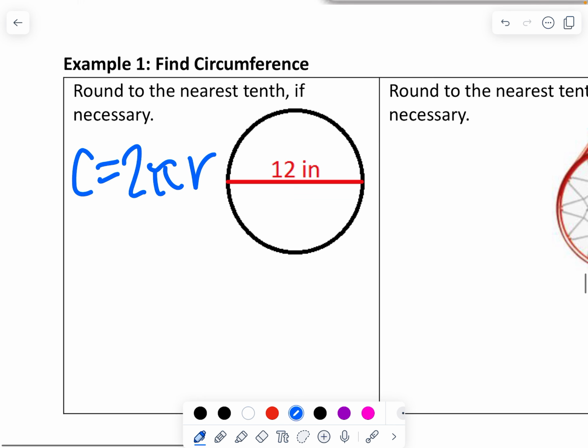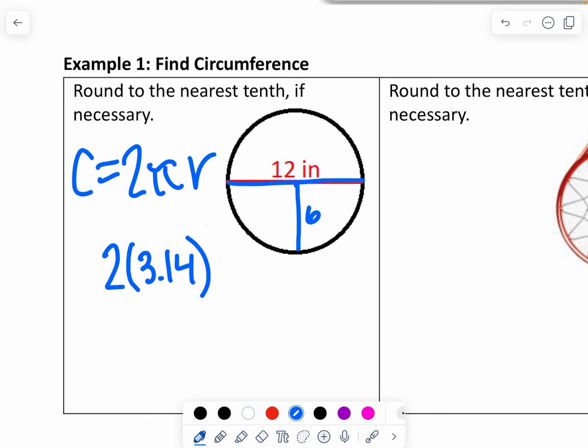So if we did C equals 2 times pi times r, this 12 represents our diameter. And if I want to know my radius, that would be just half of it. And so my radius would be 6. And so to plug that into my formula, I would have 2 times 3.14 times my radius, which is 6. So it would look like that: 2 times 3.14 times 6. And then put that into your calculator.